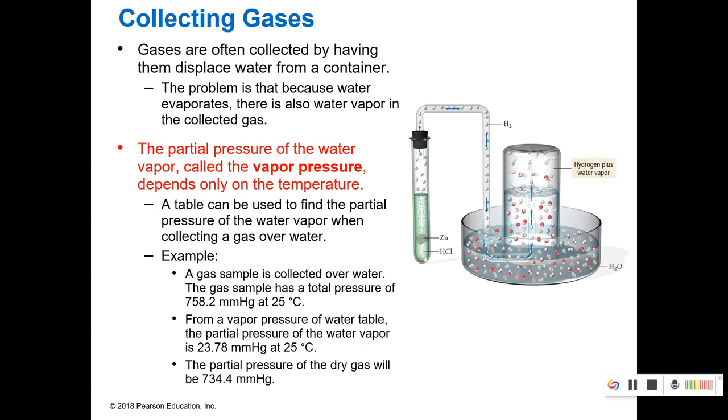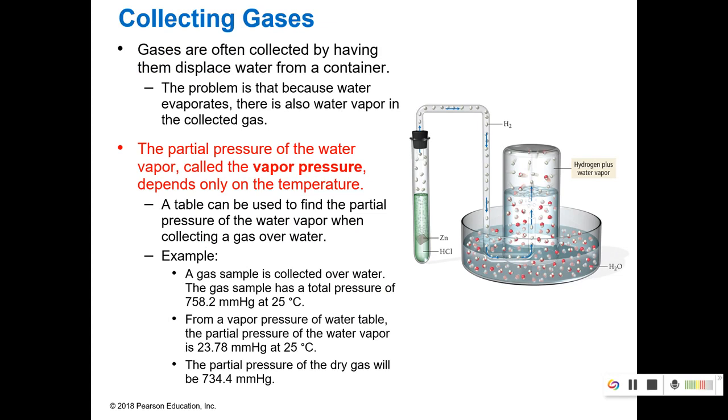All right. I believe this is the last major topic of this video, which is vapor pressure. Okay, so gases are often collected by having them displace water from a container. And the problem is there's also water vapor that we need to keep in mind. The partial pressure of the water vapor is called vapor pressure. And the only thing vapor pressure depends on is temperature.